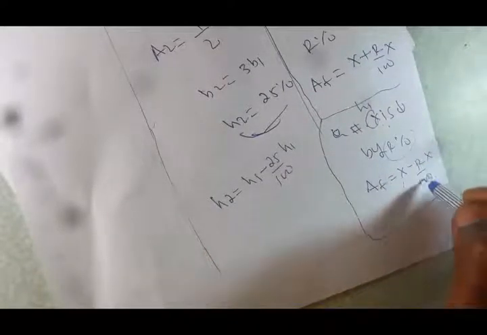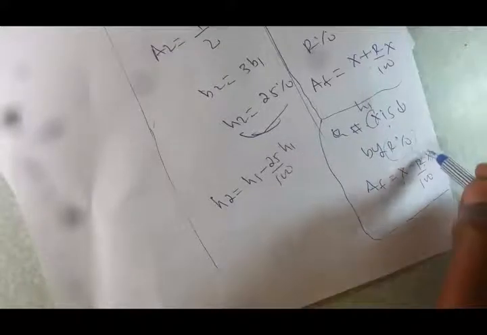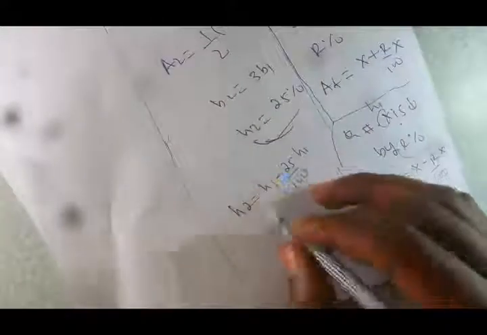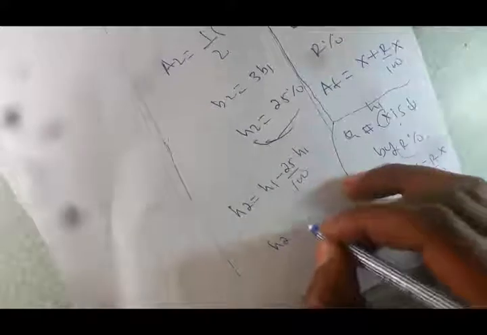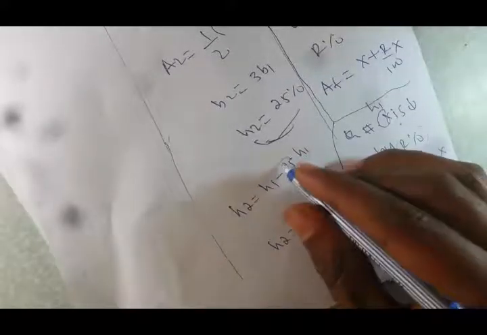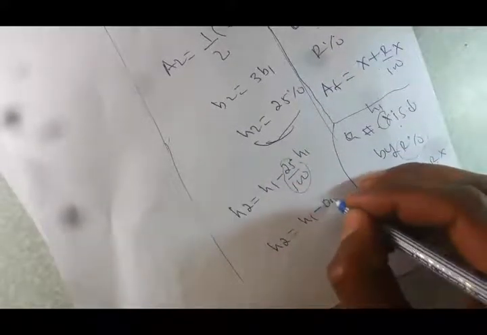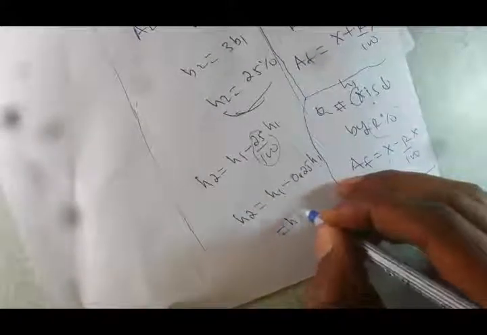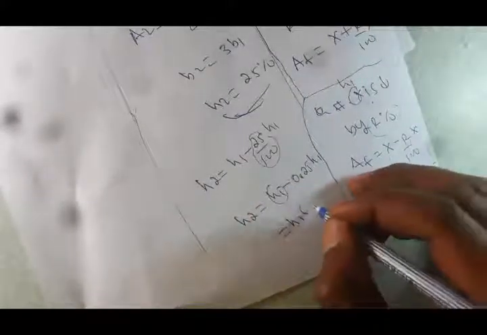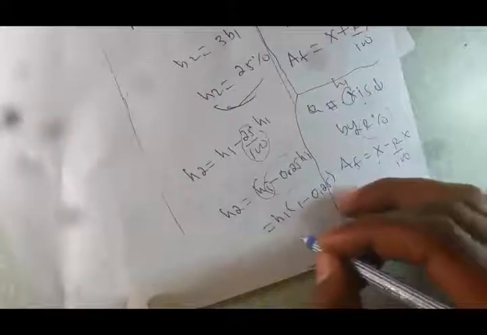Therefore 25 divided by 100 times what is the value of x? We know it is H1. Therefore H2 is equal to H1 minus 0.25 times H1. When we take H1 common, 1 minus 0.25 is equal to 0.75 times H1.